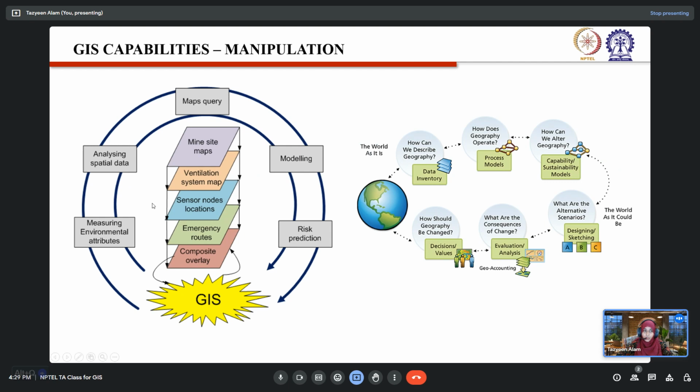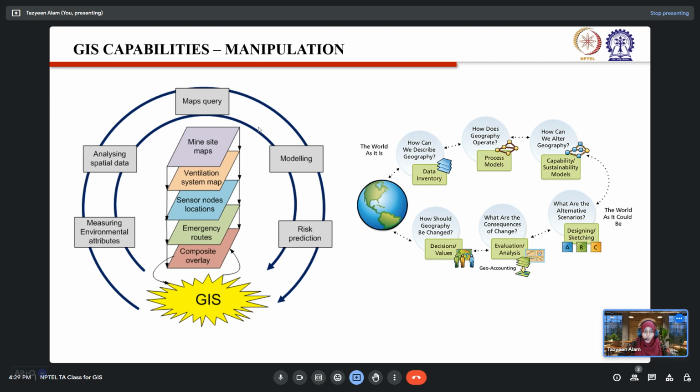Then you have manipulation. So what is happening in manipulation? You're actually changing the layers of your data. You're changing the crux of your data. For example, if you take this particular example, you have a mine site map, then you have a ventilation system map, you have sensor node locations, you have emergency routes.